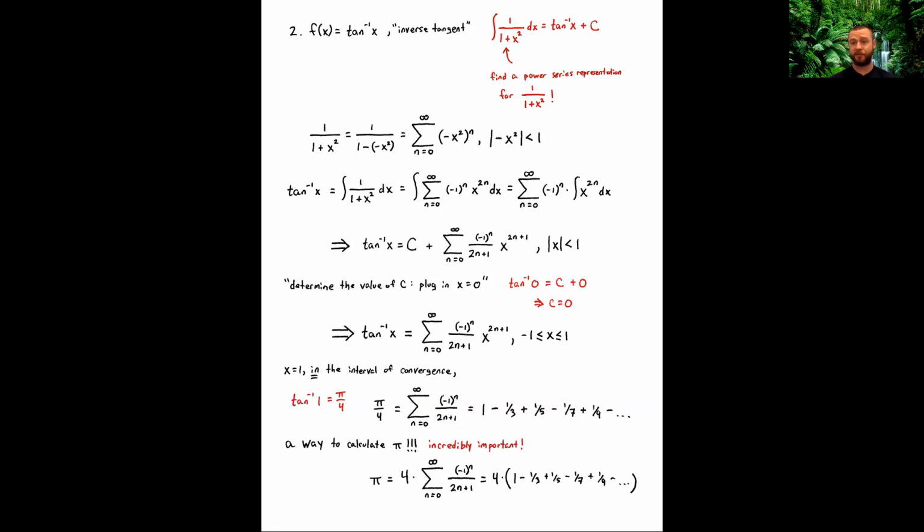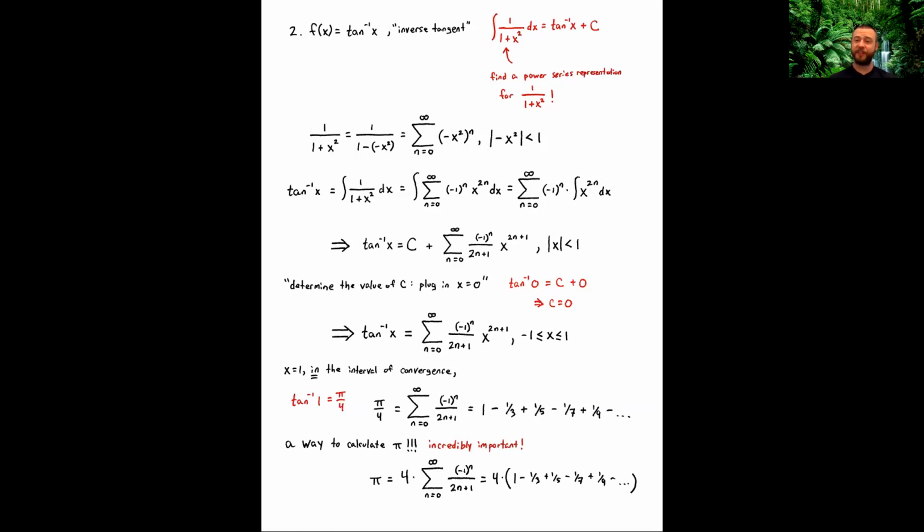And the more terms that you add up in that infinite series, the closer that sum will be to pi. If you want a highly accurate value for pi, add up a lot of terms in that infinite series. Now, this is not a good way to compute pi.